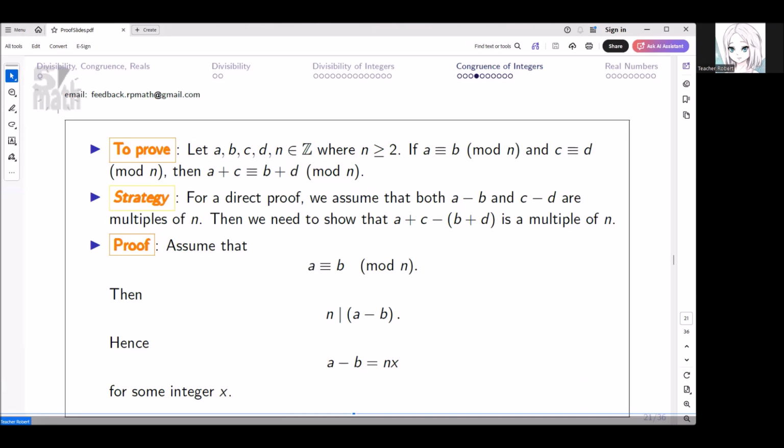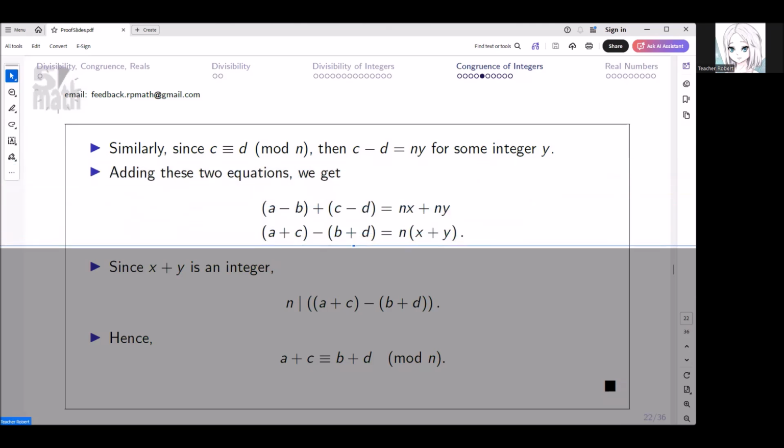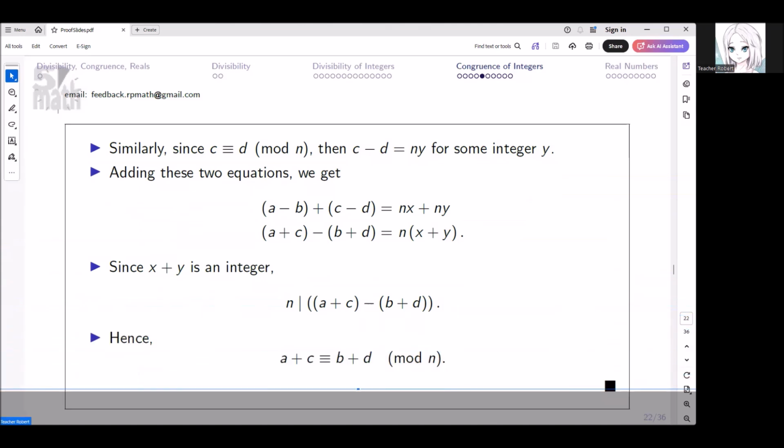Hence, a minus b equals nx for some integer x. Similarly, since c is congruent to d mod n, then c minus d equals ny for some integer y. Adding these two equations, we get the following. Since x plus y is an integer, n divides a plus c minus b plus d. Hence, a plus c is congruent to b plus d mod n.